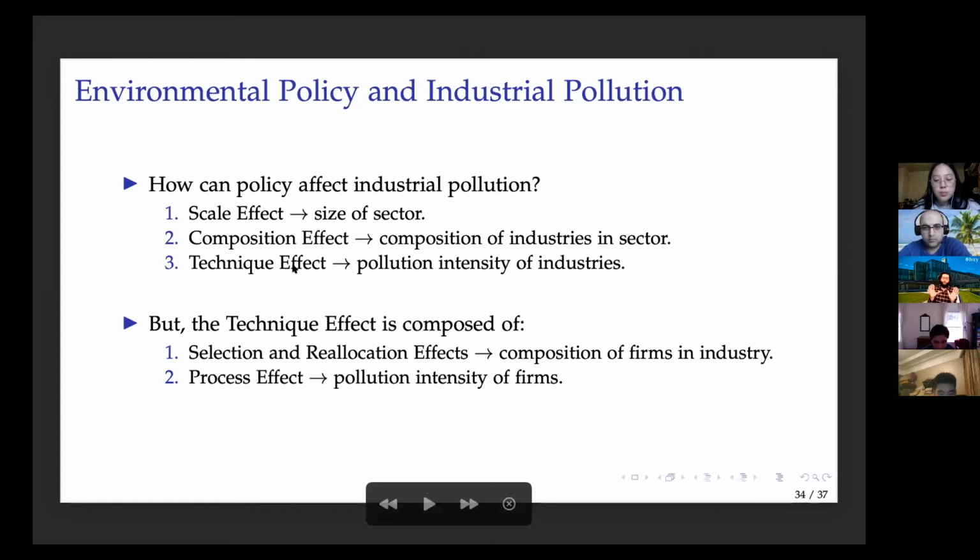But in principle, one approach is to look for neat examples that allow you to make a causal claim about at least some of these mechanisms. And then you can pair that with one of these decomposition frameworks.